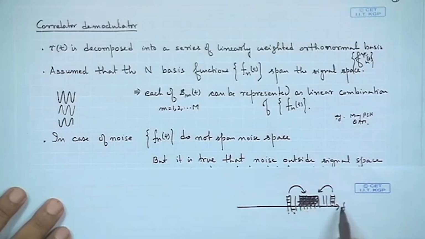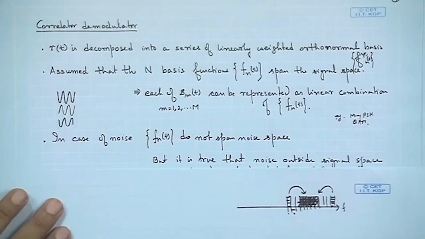This is the f axis. You can imagine it in this way, and if you are thinking in terms of basis functions, it is an abstract way of representation, not necessarily connected to this. This is one particular realization, so it applies there equally. This is something important for us to remember.